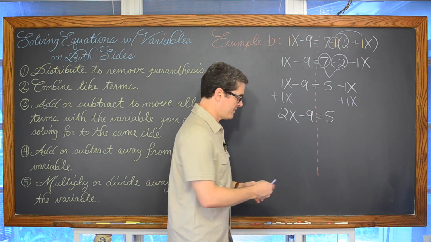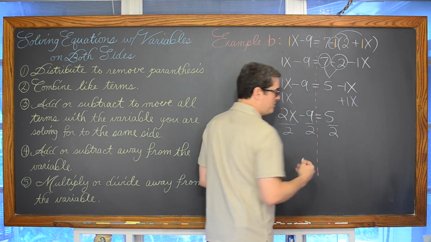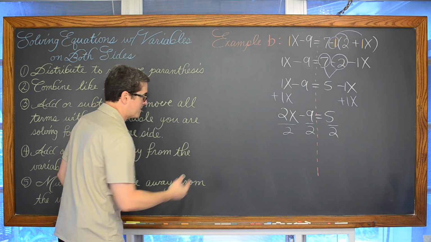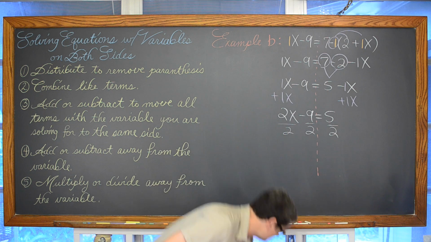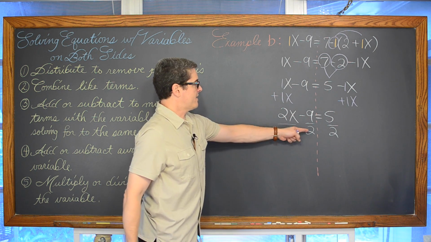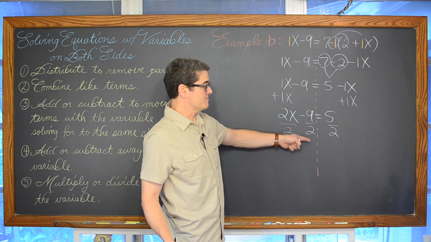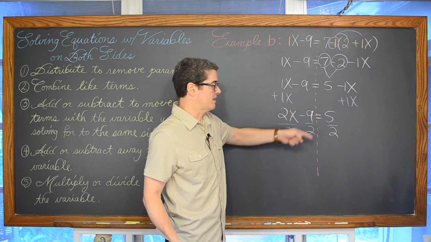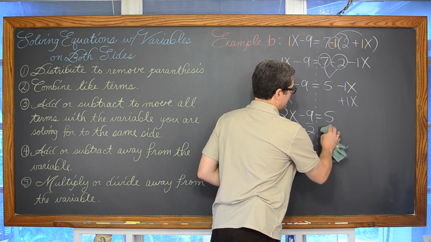So I can divide everything by 2, and that would be a mathematically correct step, but look what's going to happen. 2 divided by 2 is 1. 9 divided by 2 is, well, 9 divided by 2. It comes out to either a decimal or you need to leave it as a fraction, and that's just going to unnecessarily complicate the problem.